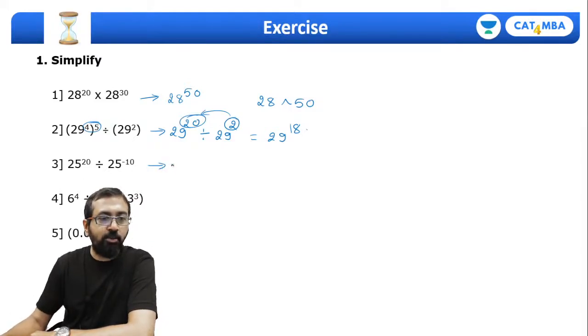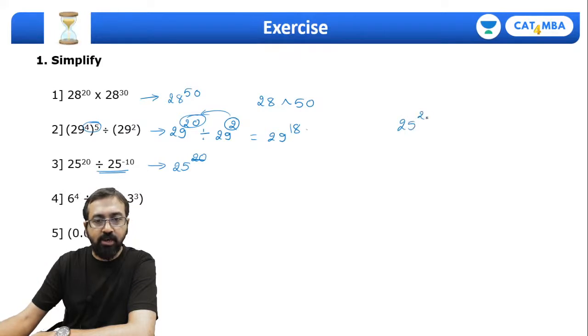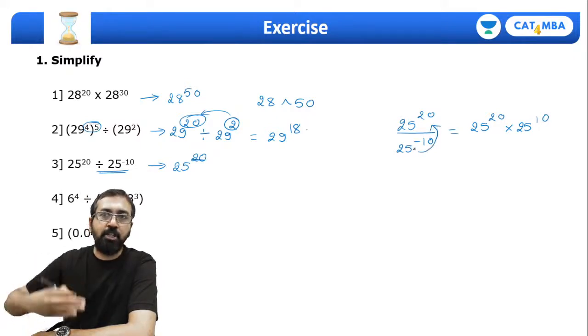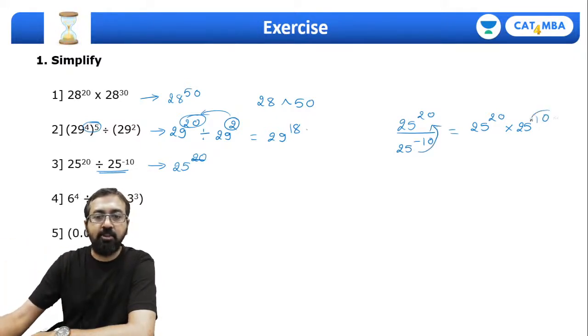Same way, tell me what's the answer over here. So base will remain 25. What will be the power? Now 25 raised to 20, divided by 25 raised to minus 10. So this can also be written as 25 raised to 20 into 25 raised to 10. We are just bringing this number from denominator to numerator, so this power sign will be changed.